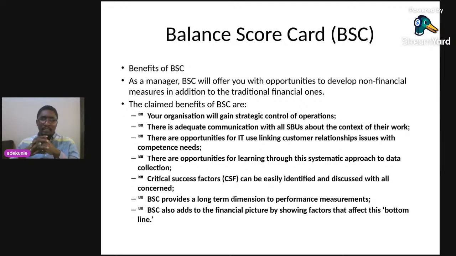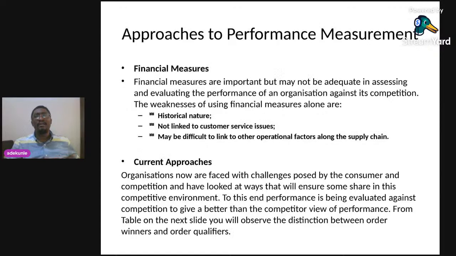There are opportunities for IT use, linking customer relationships with competence needs. There are also opportunities for learning through this systematic approach to data collection. Critical success factors can easily be identified and discussed with all concerned within the supply chain. The balanced scorecard provides a long-term dimension to performance measurement.